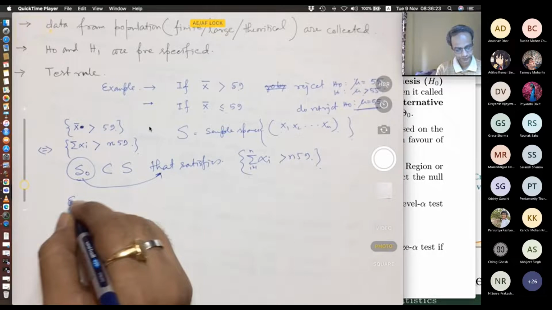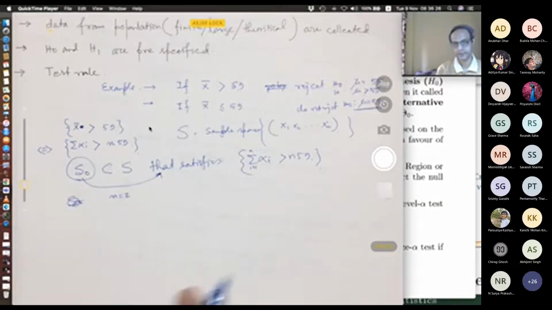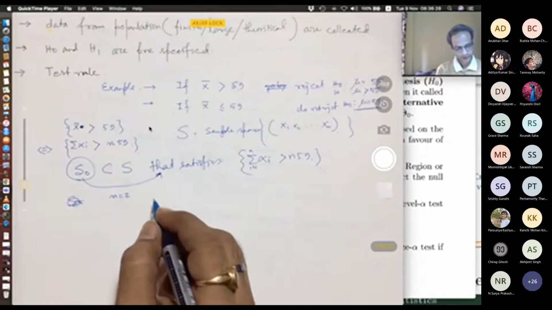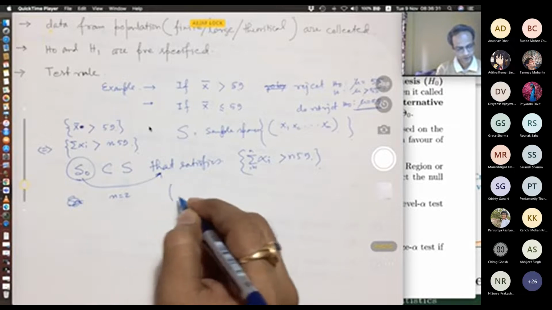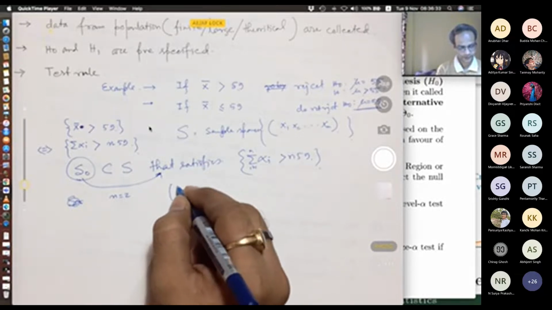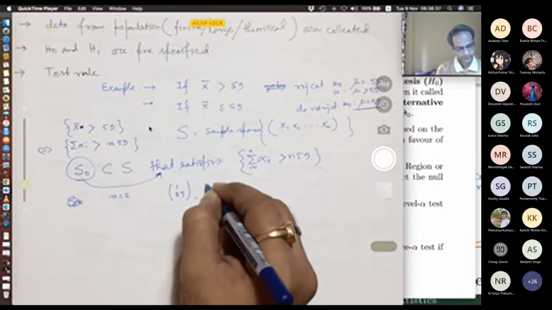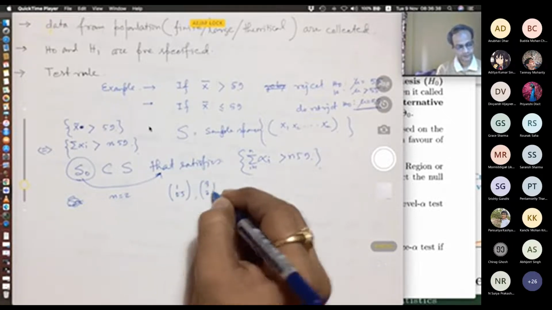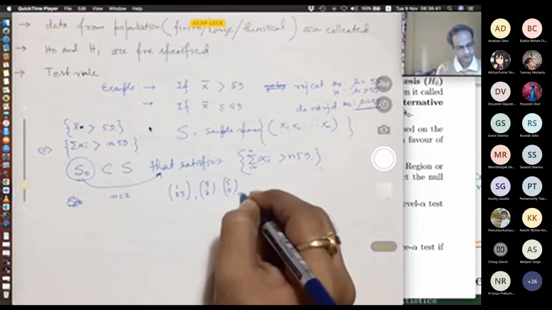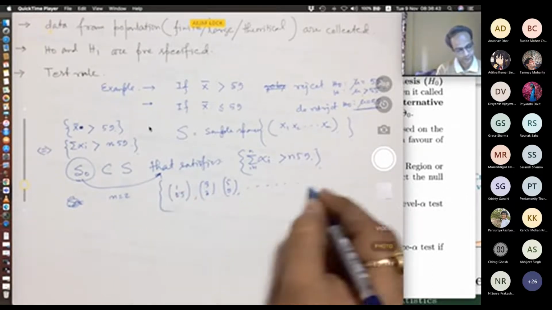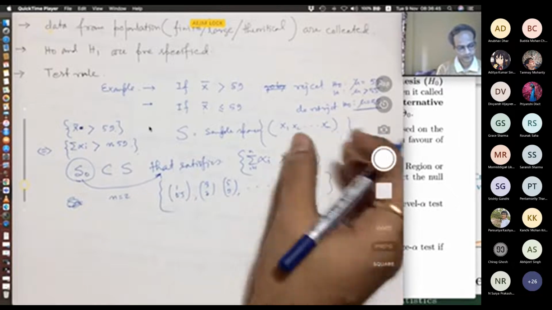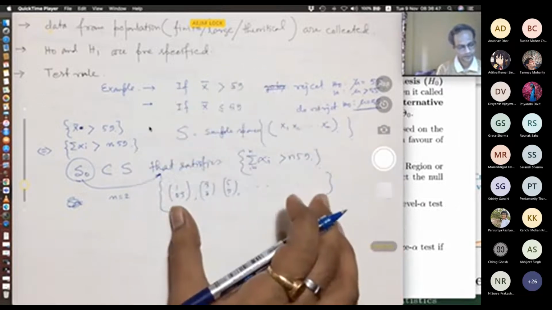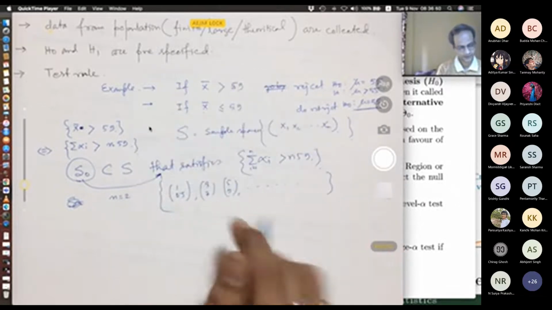Two samples you have chosen. Now I am considering all those 2-component vectors, maybe say 1.5, 3, 7, 5, 9. In this way, all possible 2-component vectors from a particular distribution, whatever it may be, are in S.